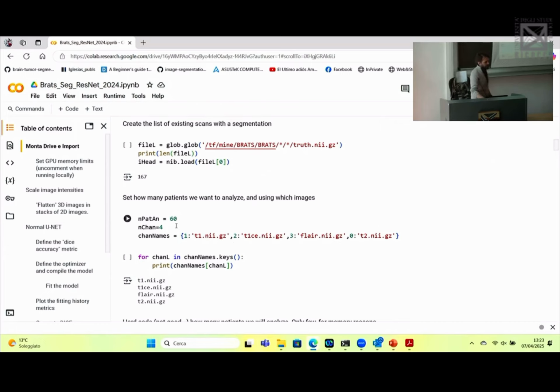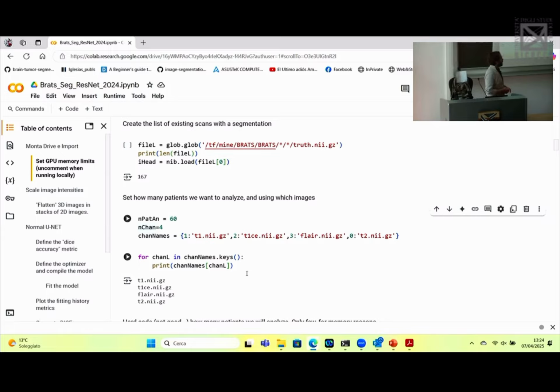So the first thing to keep in mind, we already worked on that with the radiomics experience at the beginning of the course: we have 4 images available, all of which contain complementary information, because we have the T1 image, the T1 with contrast enhancement, the FLAIR image, and the T2 image. Each finding is visible on a different image channel.